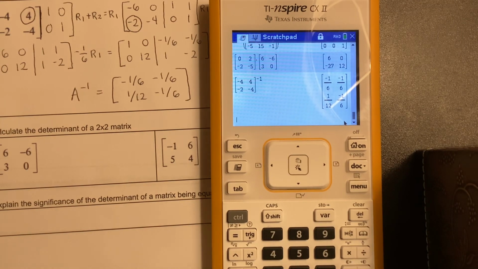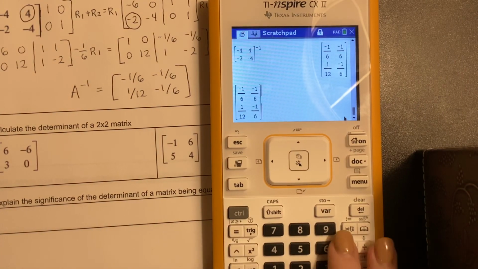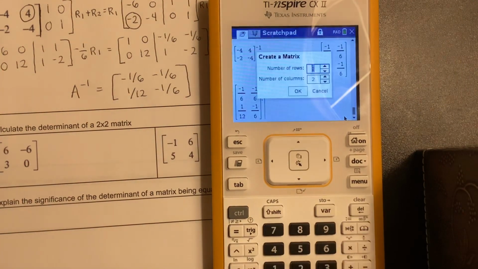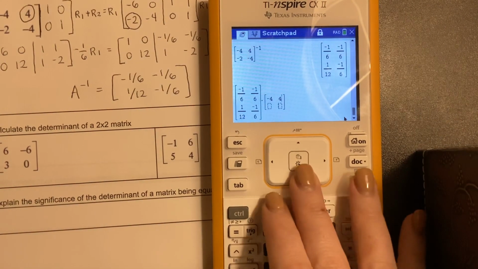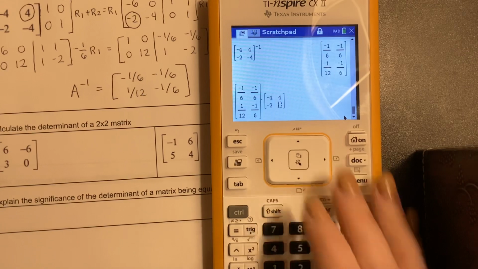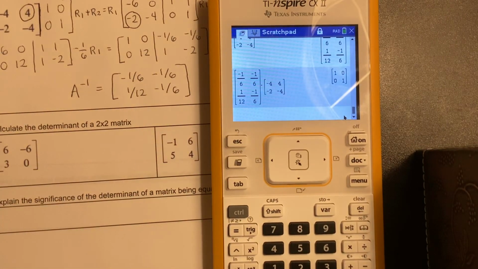Again, if you wanted to check yourself, if you multiply your inverse times your original, you should get your identity matrix, and that's always a great check too. So if I multiplied this times my original, which was -4, +4, -2, -4, you can see how you get the identity matrix, and that's what I was talking about earlier for that conceptual stuff.